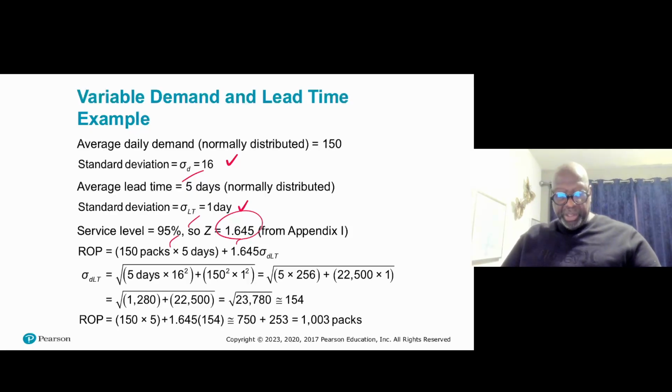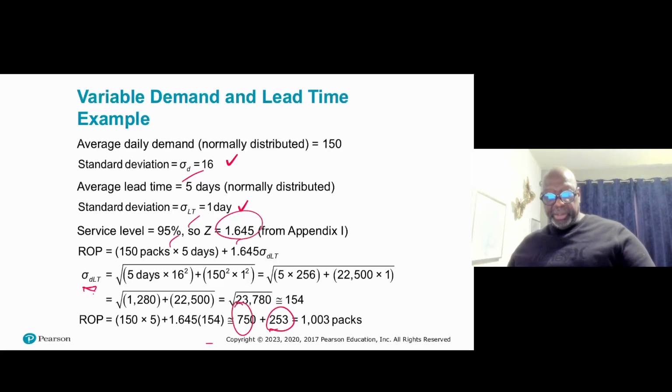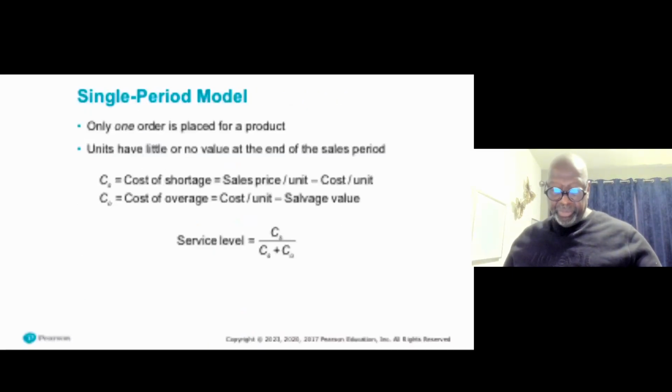And then we simply compute our standard deviation of the demand during the lead time, which we already saw the formula for earlier. And once we compute that, our safety stock is 253. Our average demand during the lead time is 750. And so therefore our reorder point is 1,003 packs for this example.